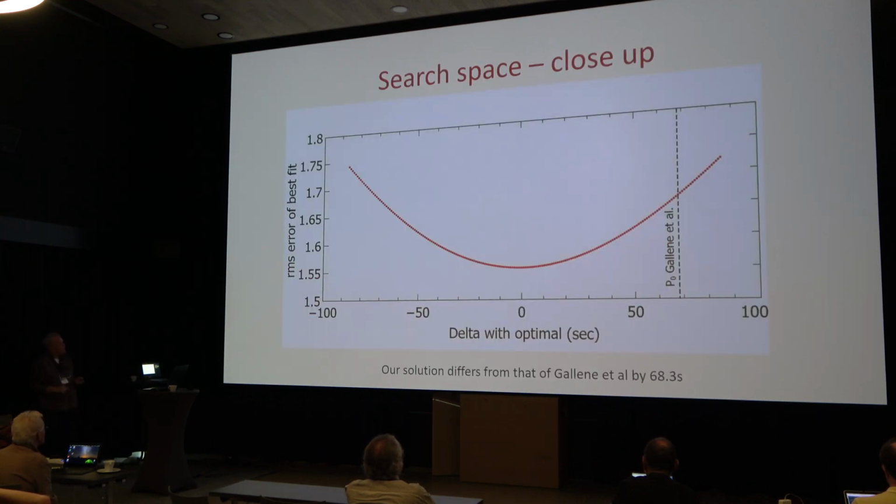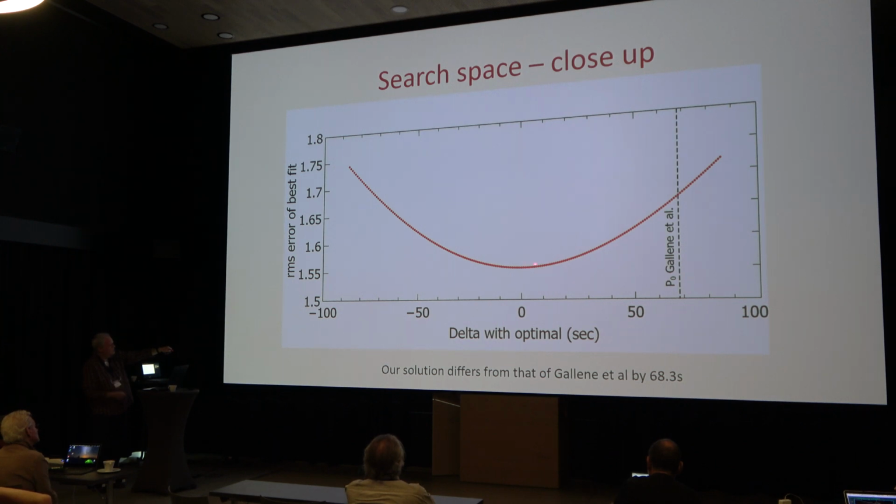So here is a plot of the RMS error against the period as you vary it from the nominally best fit. When you use the period of best fit, it's 68 seconds smaller than Galene's.